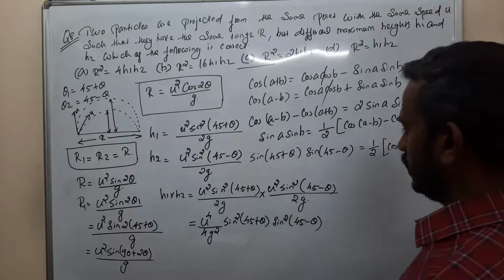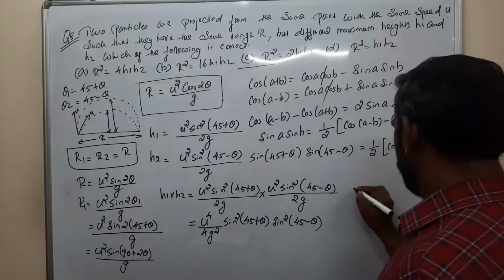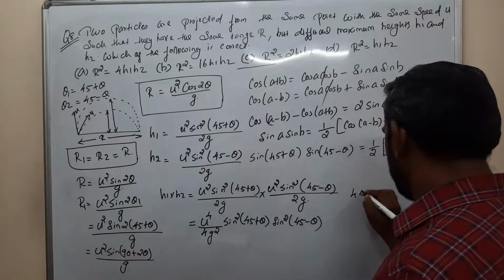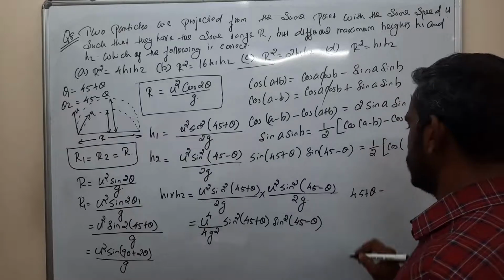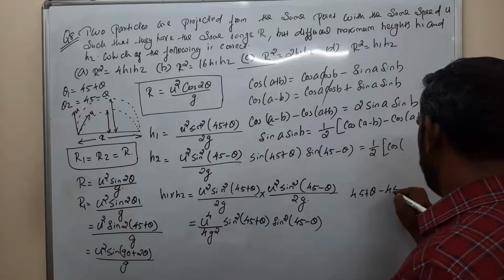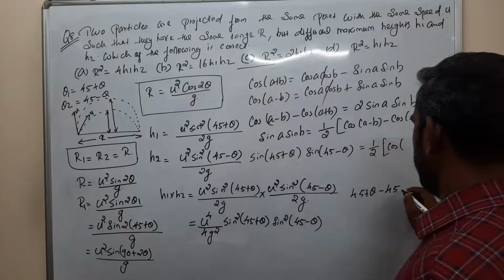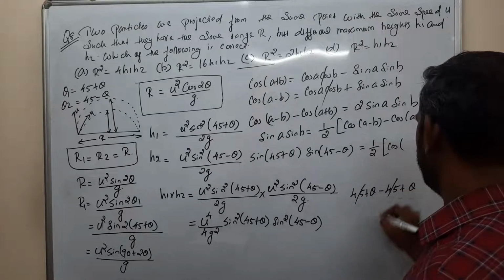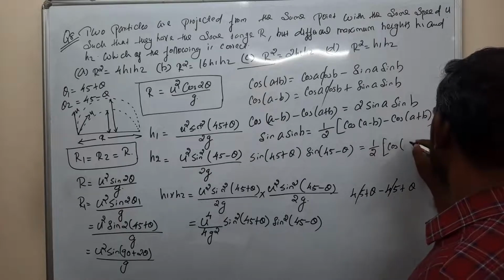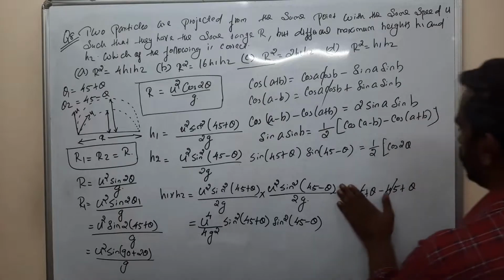What will we get for a−b? 45+θ minus (45−θ): 45 cancels, θ plus θ is 2θ, so cos 2θ.